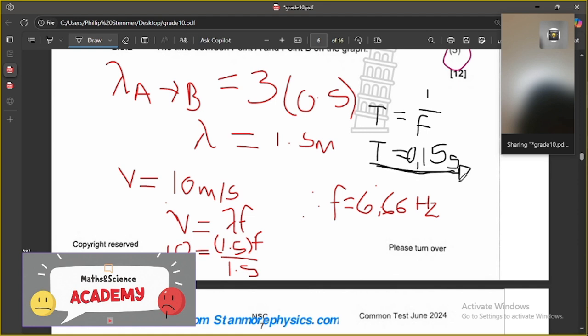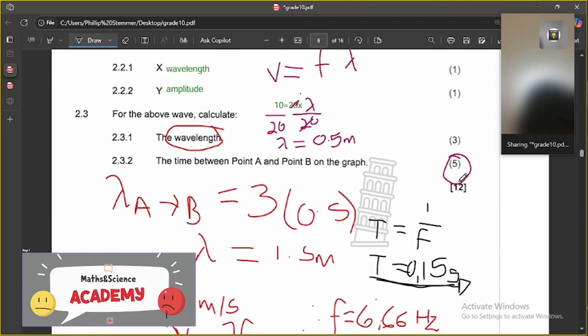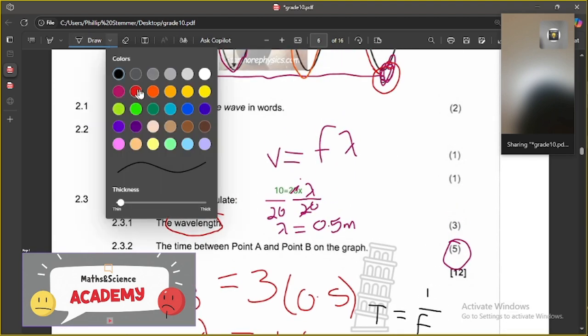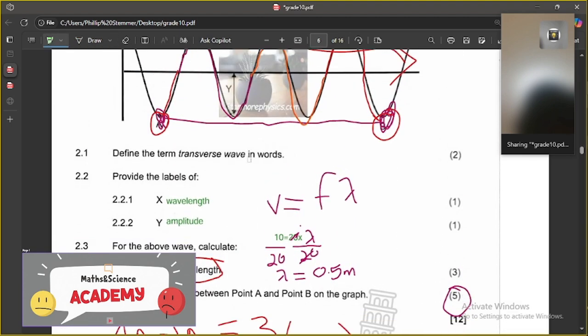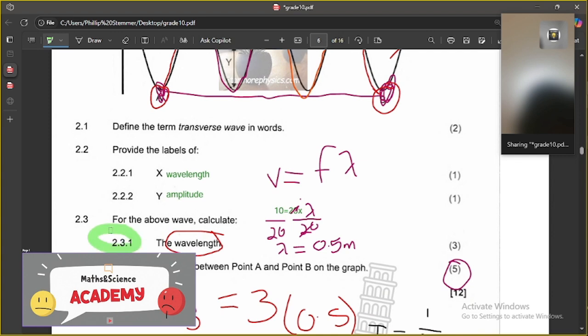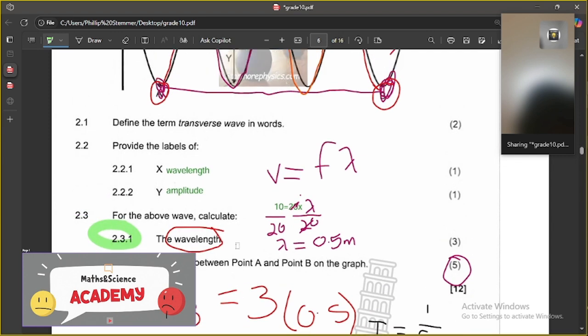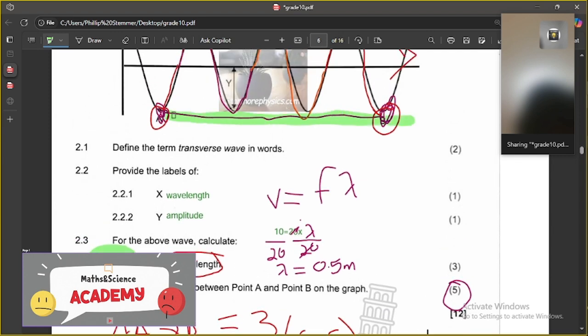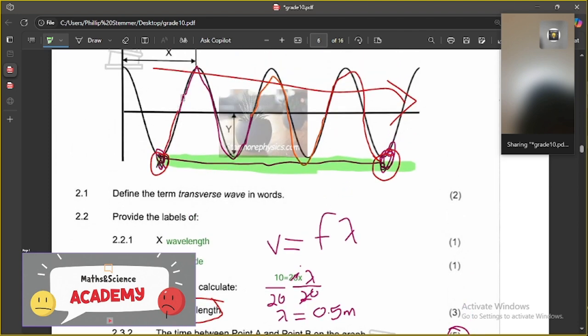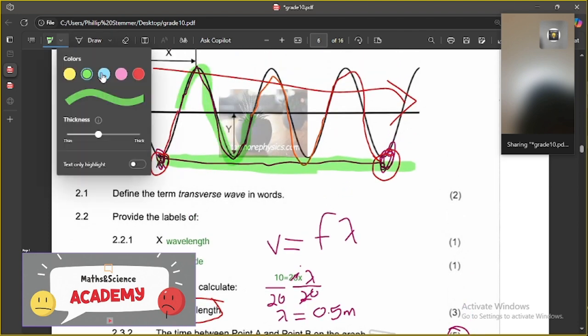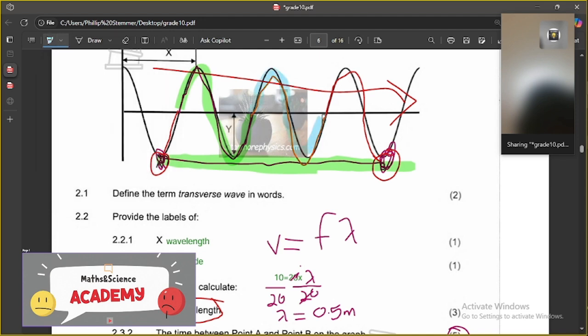So there's also another method. Let's see what's happening here. The first thing, we have to use what we calculated on 2.3.1. So if we got 2.3.1 wrong, the whole thing is wrong. So we have wave number 1, wave number 2, and wave number 3.